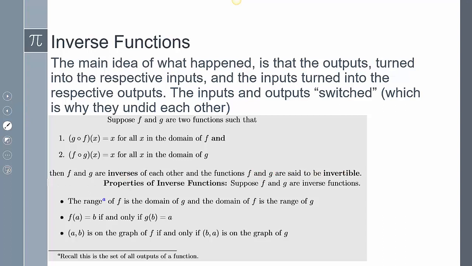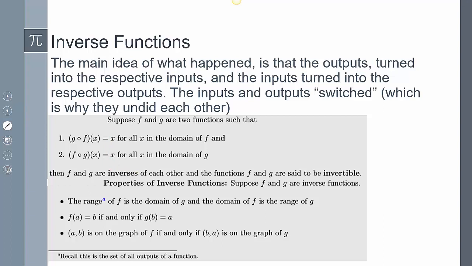So one of the ways for us to say, hey, I have these two functions, are they inverses of each other? Is one of them this quote-unquote reversible function? I can take the composition of them, and if they simplify into x, I know that they're going to be inverses.